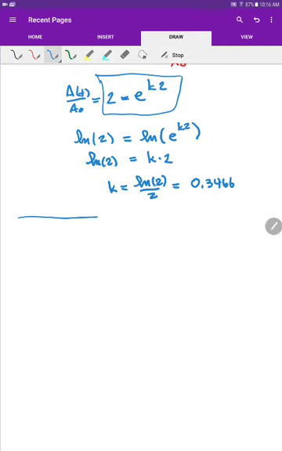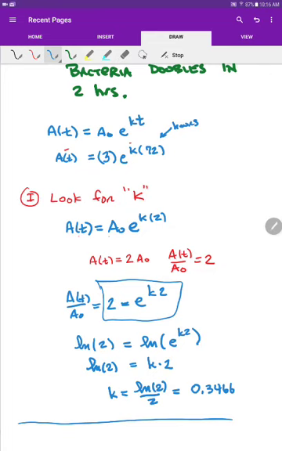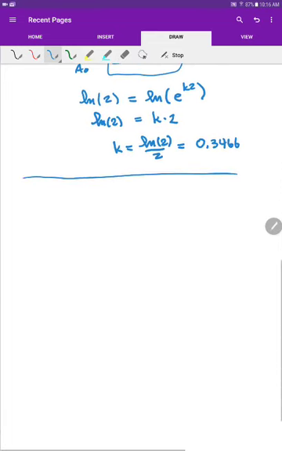Why did I do that? I found K, so I can stick K now into this relationship, and we have all the values in that relationship. So in part 2 now, we're going to solve for A of t.